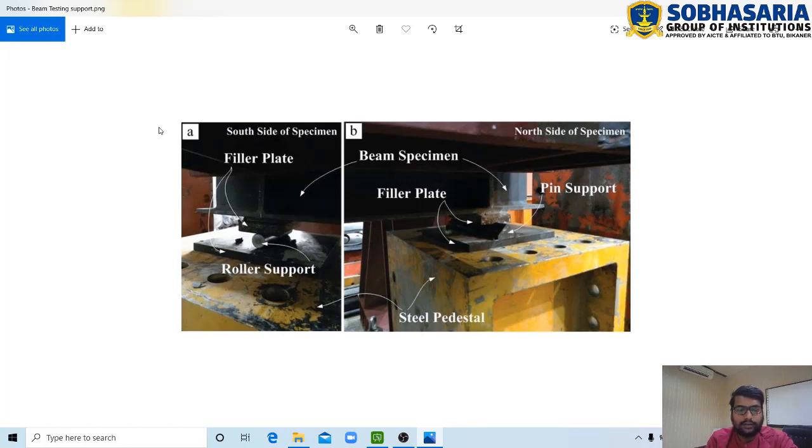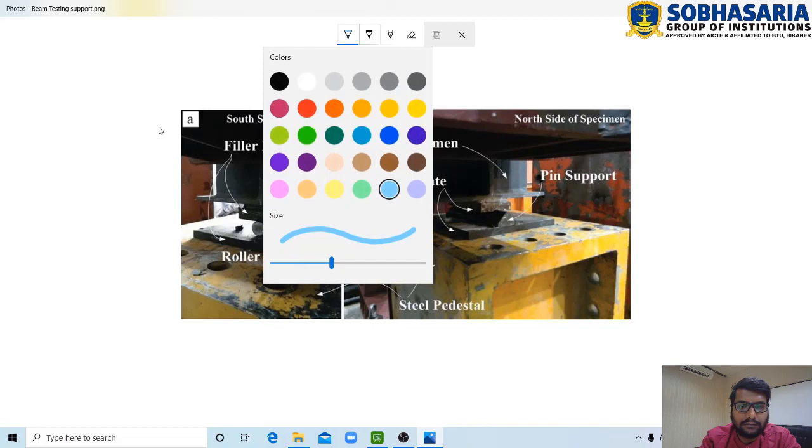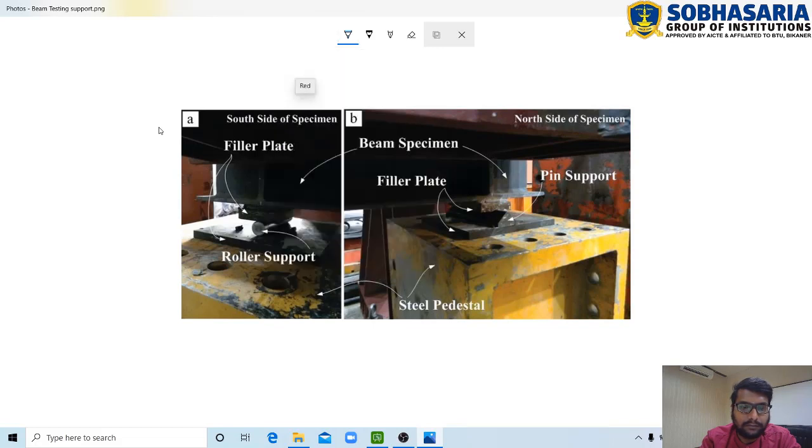The two end supports are shown. When the beam is simply supported, like we have seen, one end is a roller support and another end is a pinned support. So these two conditions, the two ends of the beam supported, are shown here.